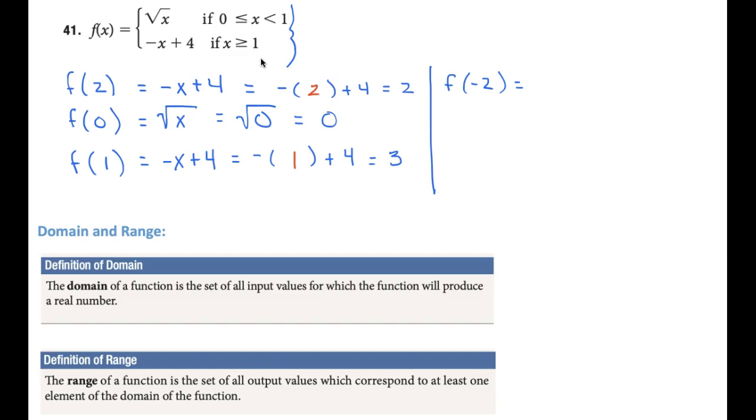So there's no choice for anything less than 0. So that means what we're going to write as our answer for negative 2 is undefined. And this is kind of where this term comes from. This is our definition of the function right here. And negative 2 is not defined. There's no definition for it, so it's undefined.